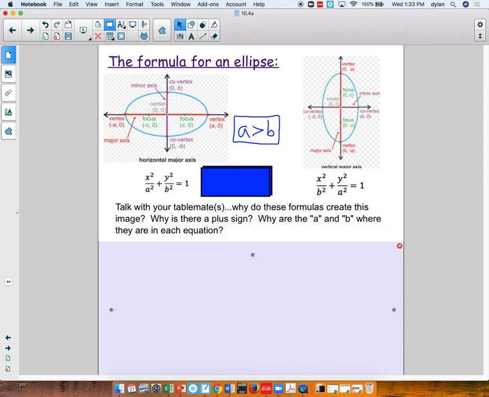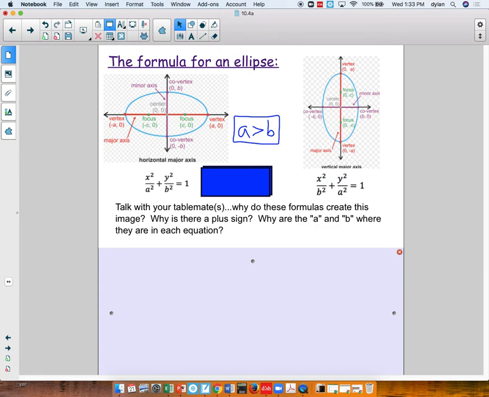So just for a second, let's think a little bit about why this equation makes sense. One thing I want you to notice here is that there's a plus sign in the middle. The reason for that is that if you think about the ellipse, if you were to start at the top of the ellipse and work your way left, as the absolute value of your x value gets larger, the absolute value of your y value has to get smaller because the x term plus the y term has to equal 1.